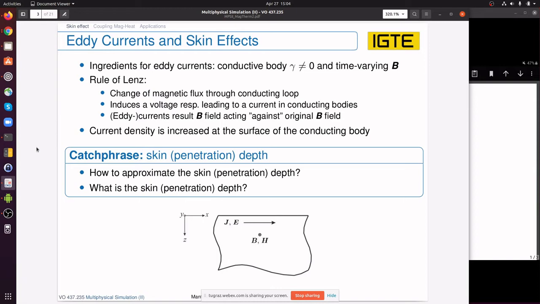So the question is, how can we approximate the skin penetration depth, and what is this skin depth, penetration depth? This is very important, especially if you want to heat very thin structures, for example some thin steel sheets.